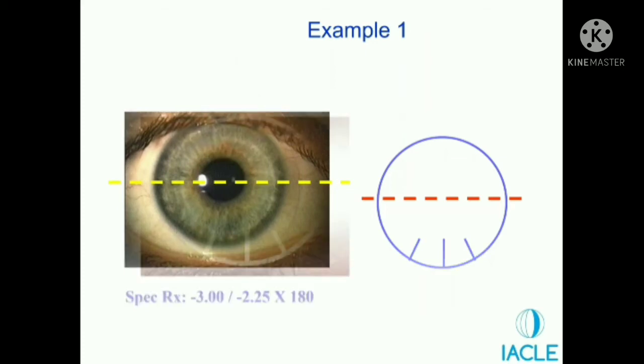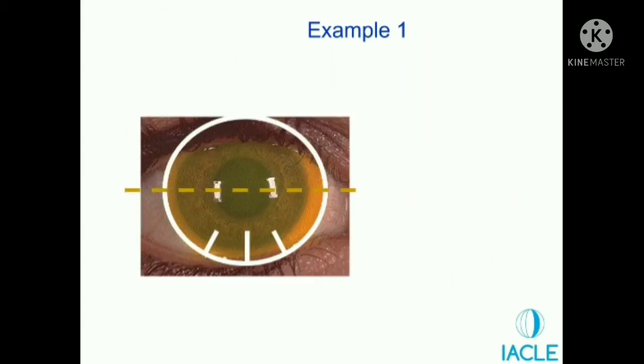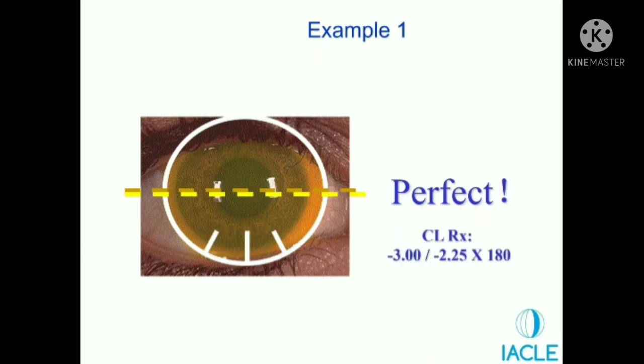Suppose the lens fits like this. You don't need to do anything. You don't need to do any calculation. The power and axis that we calculated from the spectacle cylinder, you order directly. So if you remember our prescription, which was -3 with -2.25 axis 180, that was our prescription, right?